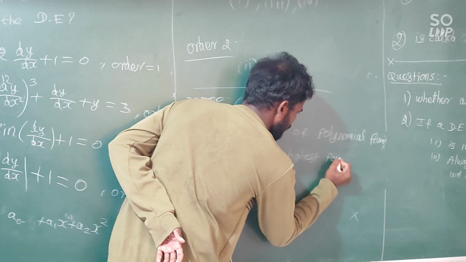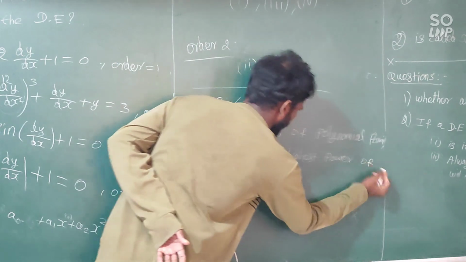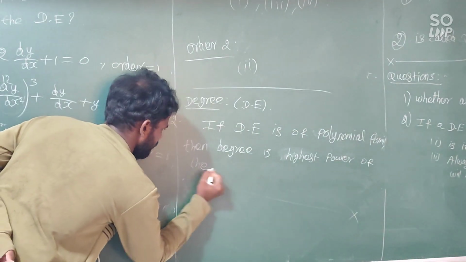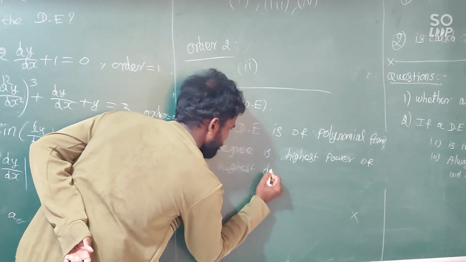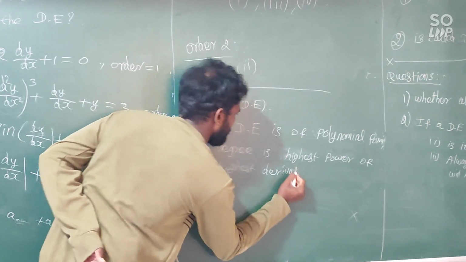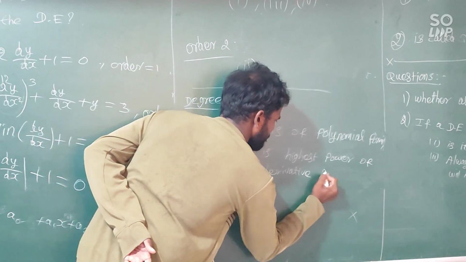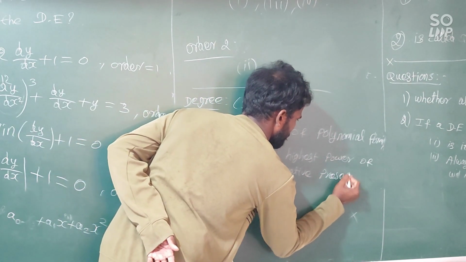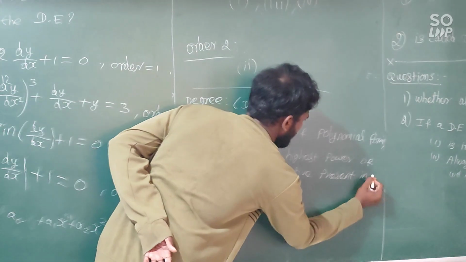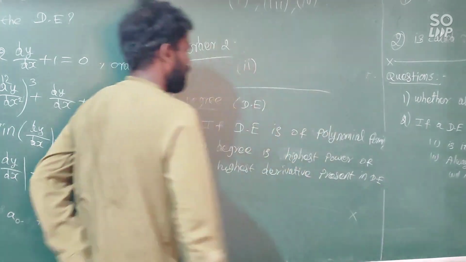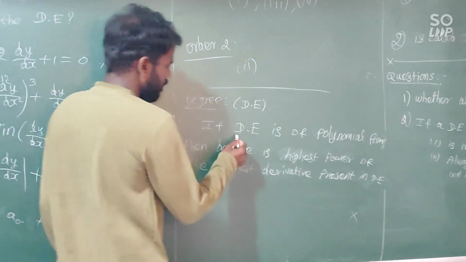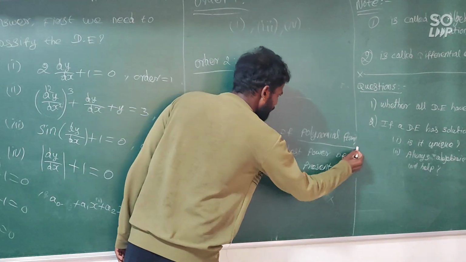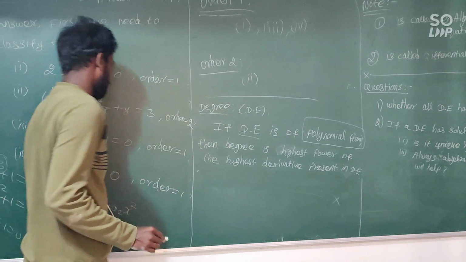Then the degree is the highest power of the highest derivative present in the differential equation. The most important thing is that, first of all, the given differential equation should be a polynomial of this form.